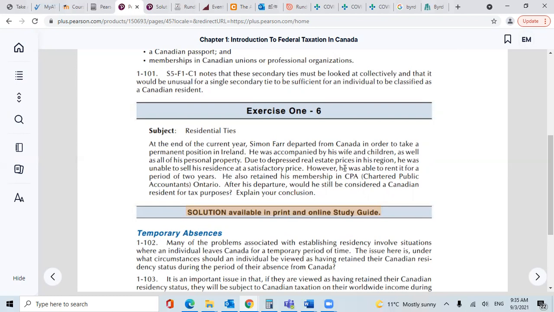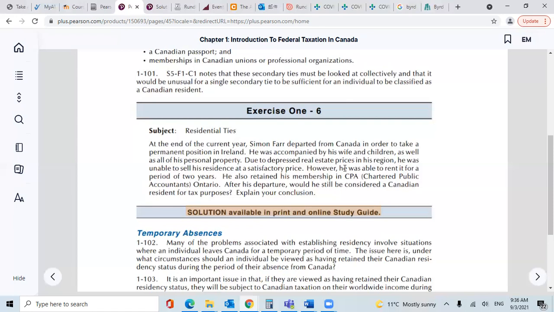But when you look at the specific situation, the reason he keeps his dwelling place is because he cannot sell it, right? So by considering the specific situation, you could argue that he's not a Canadian resident for income tax purposes, because he was not able to sell at a satisfactory price, but he was willing to sell the place.